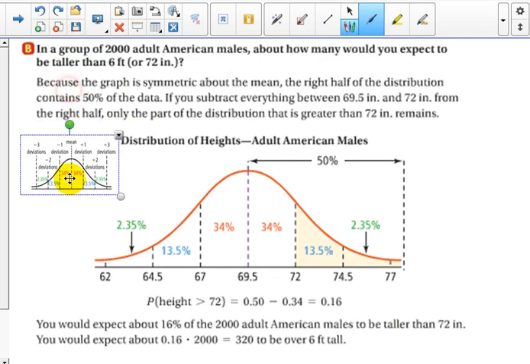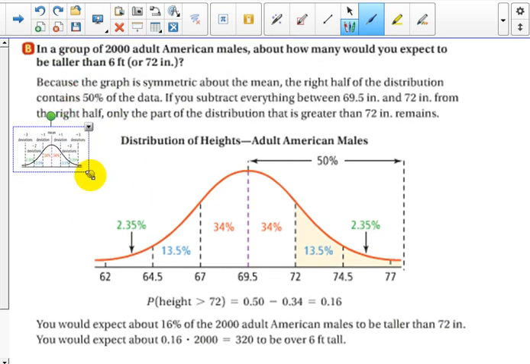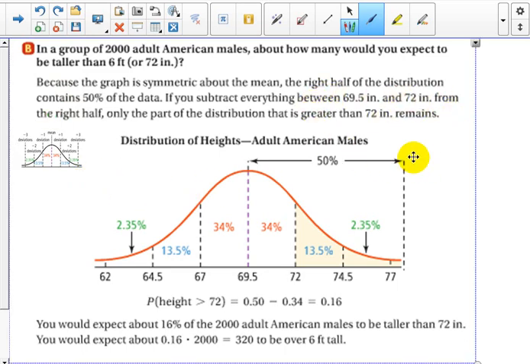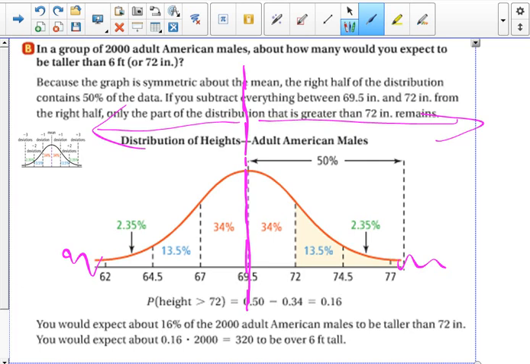So let's take a look at what we have. How many are higher than 72 inches? Because of that 0.3% on each end, and we don't know where it falls, on the right or the left, or is it even on right and left? Probably not. So what we have to realize is that we do know from the mean to each end is 50%. The mean divides everything into 50%, right?